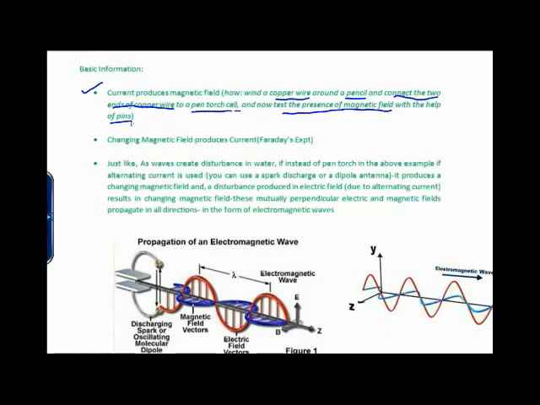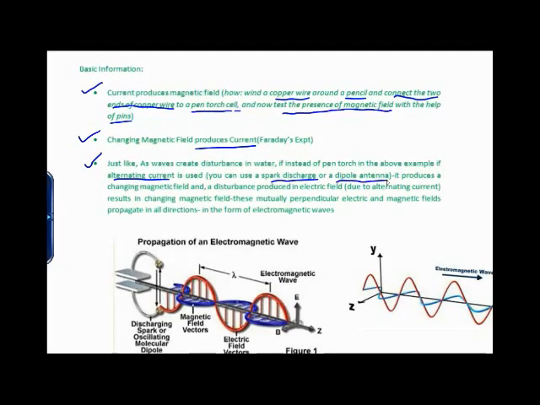Second thing is, we have already seen from Faraday's experiment that whenever a magnetic field changes, it produces a current. Just as waves create disturbance in the water, for example the ripples we have seen, instead of using a pen torch cell in the above example, if we use alternating current. How is alternating current generated? Alternating current can be generated using a spark discharge or a dipole antenna.